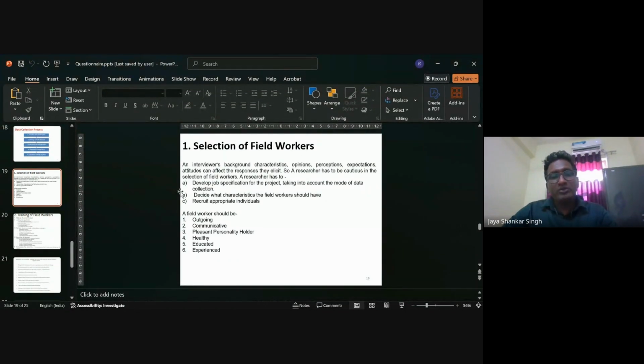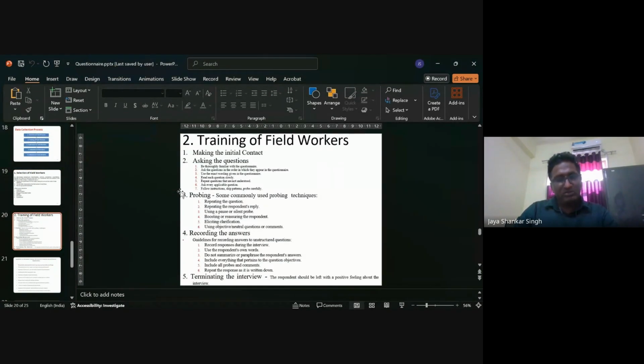And then you recruit the appropriate individual. These are some general characteristics of any field worker: outgoing, communicative, pleasant personality, healthy, educated, experienced. These are the considerations you have to keep when selecting a field worker. I hope this is clear to all of you.